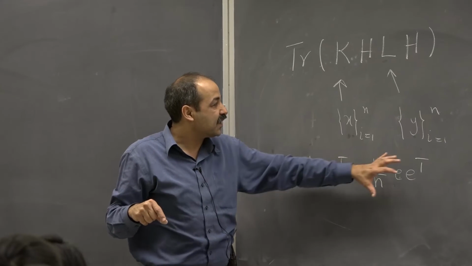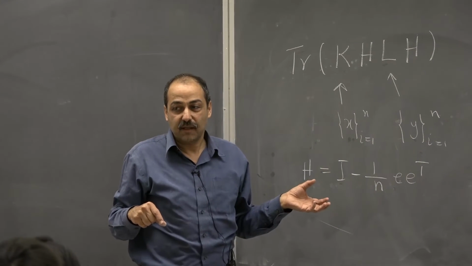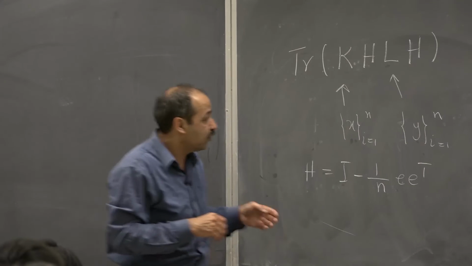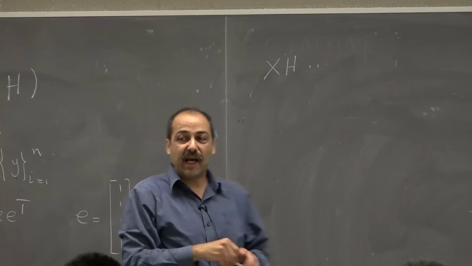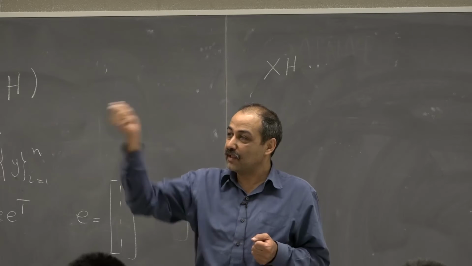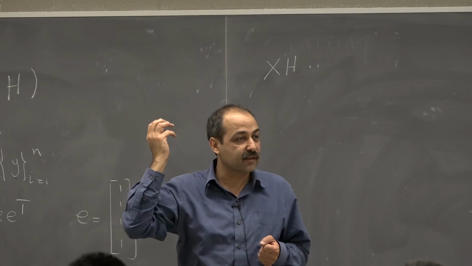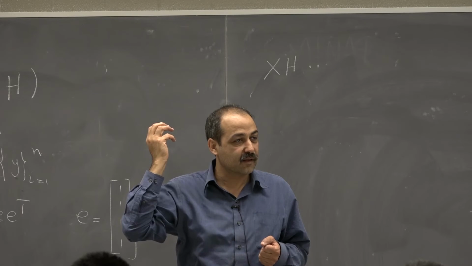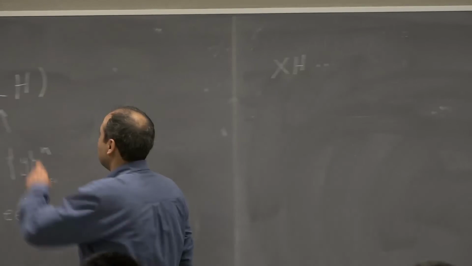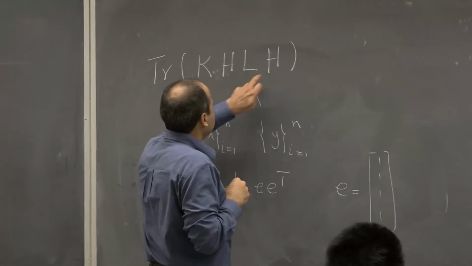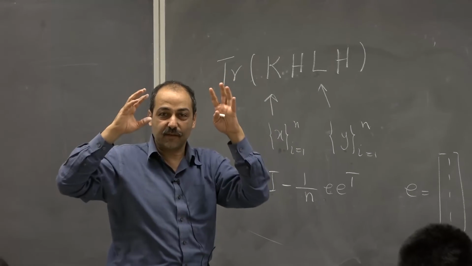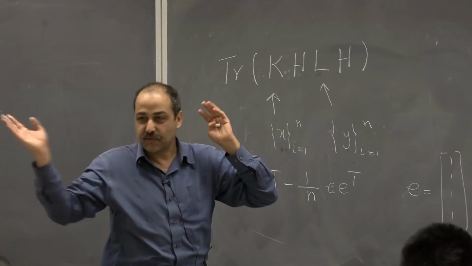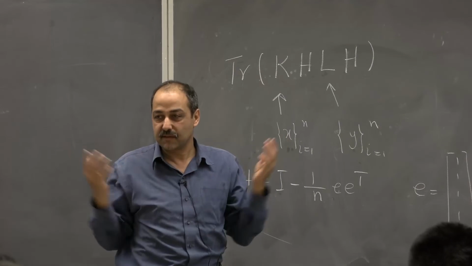So this is a centering matrix in the sense that if you compute X H, it's as if you have removed the mean of X. So when you have H L H, it means that L has been double centered. The mean of rows and the mean of columns have been removed.